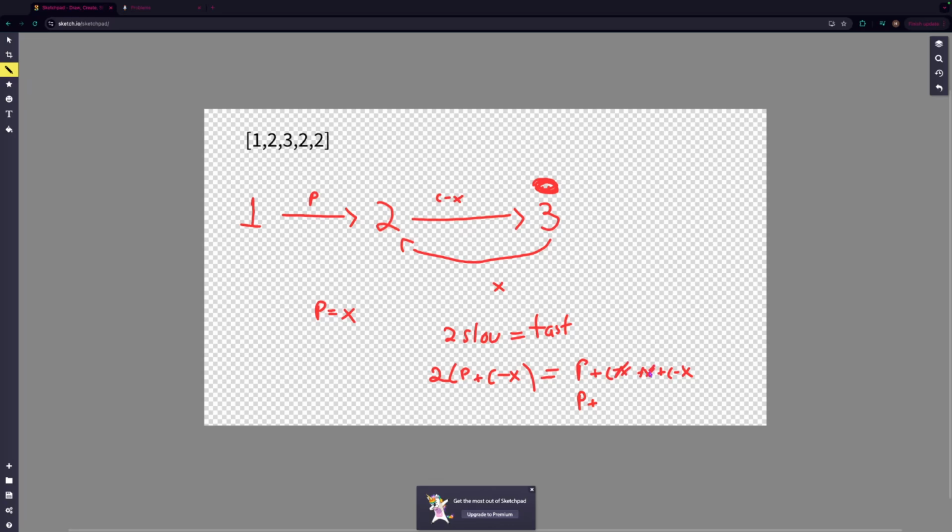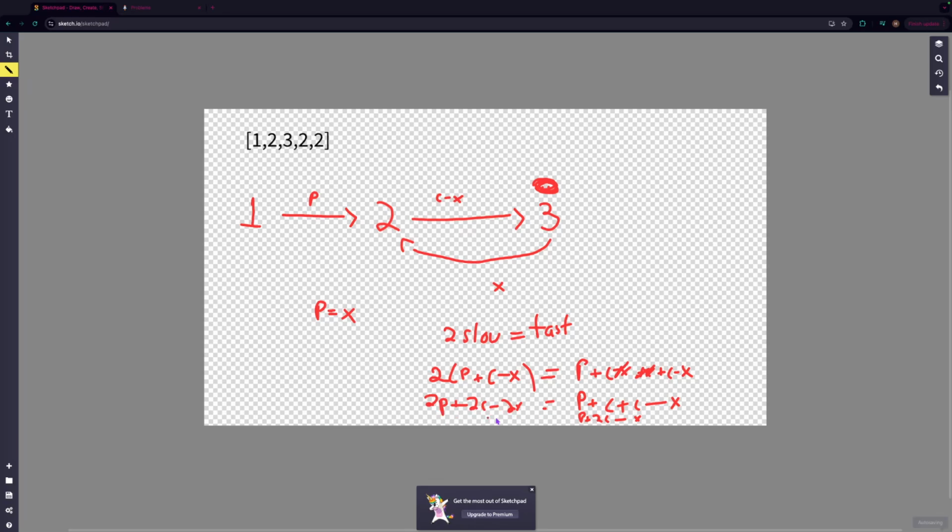This x will cancel right here, so you'll have something like p plus c minus x, and here you'd have 2p plus 2c minus 2x, and then this would be p plus 2c minus x.